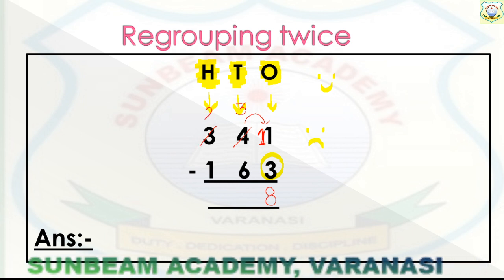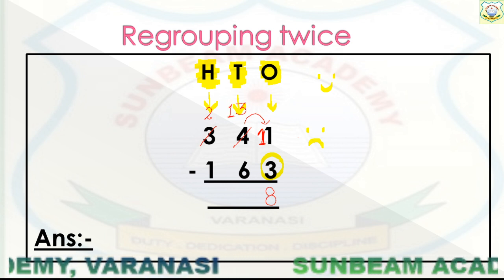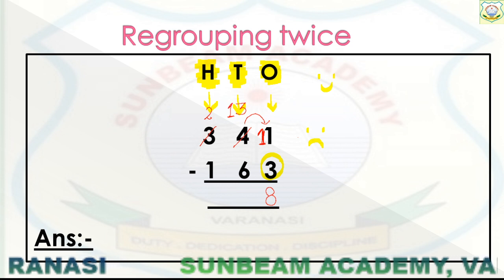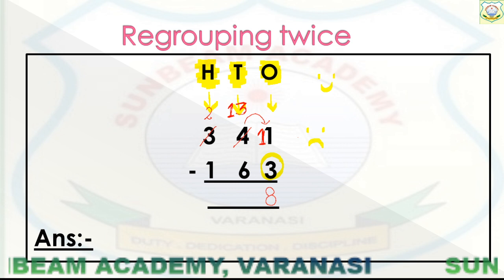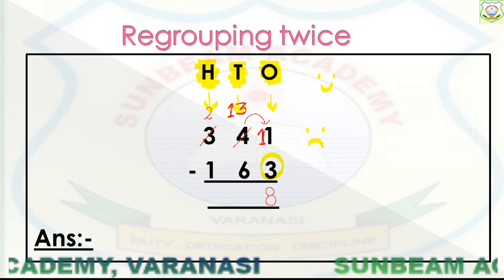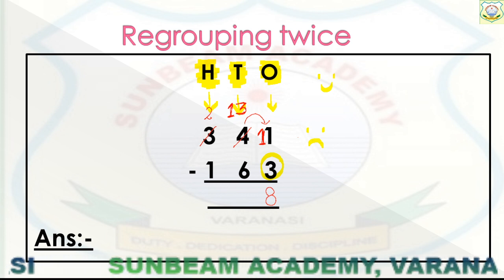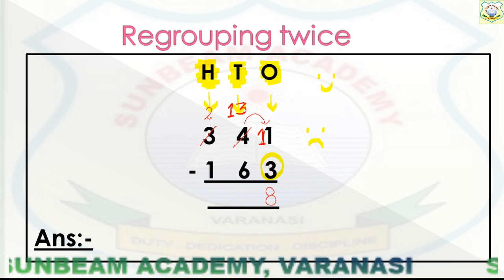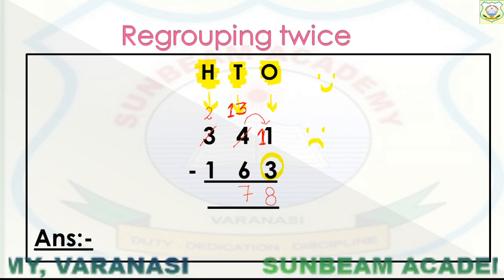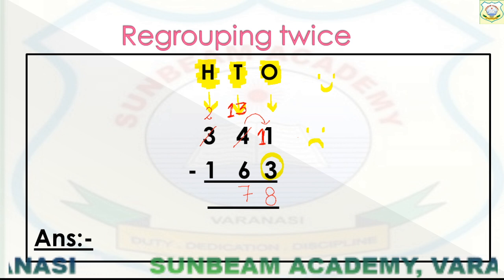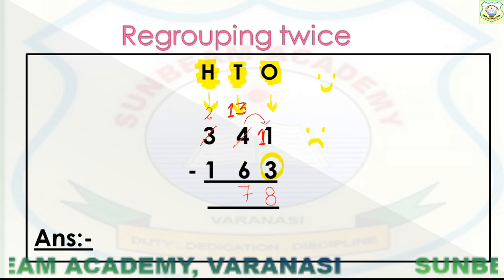Now it becomes 2 and this becomes 13. Now it's a strong number. Now it's easy to subtract, right? We have to subtract 6 from 13. So what will we get? That is 7, right?